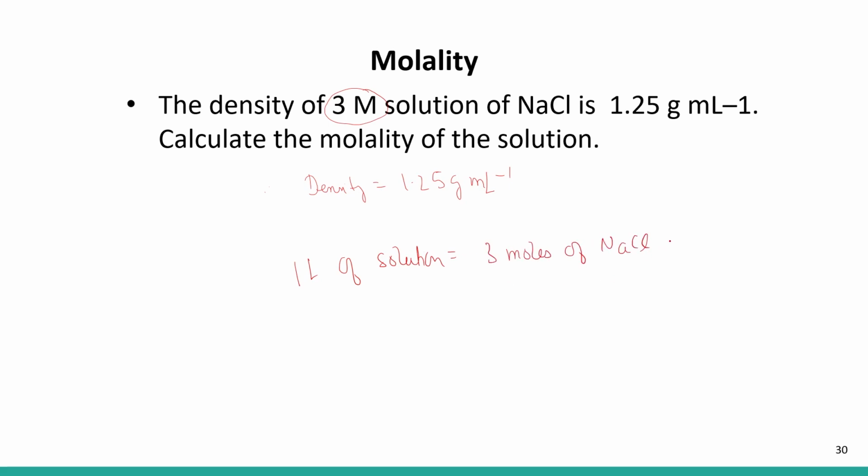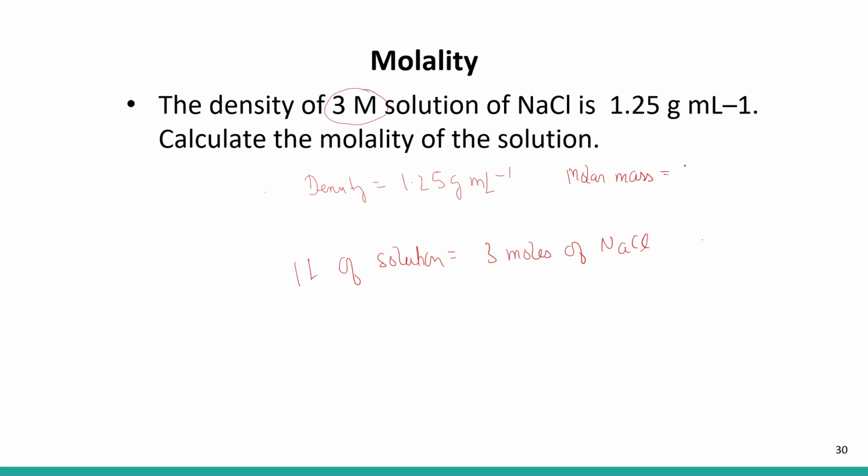You can convert it into mass, as we need the mass. So you have to calculate it in mass. For the mass, you have to know the molar mass of NaCl. So I will calculate the molar mass of NaCl in a quick way, as I have calculated earlier.